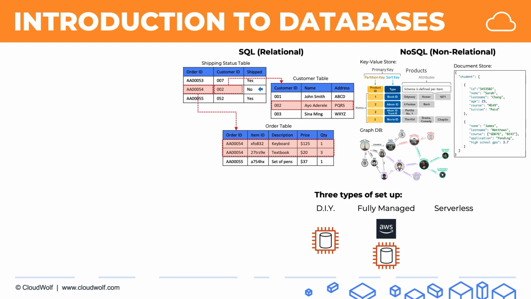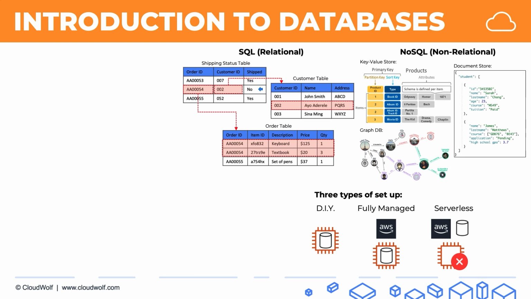And then there's a third type of setup, which is called serverless. In this case, you don't need to provision any instances. There's just a database that already exists, and it's managed by AWS, and you can use that database and it automatically scales with your needs in and out. So the interesting thing here is that of course there are instances in the background.